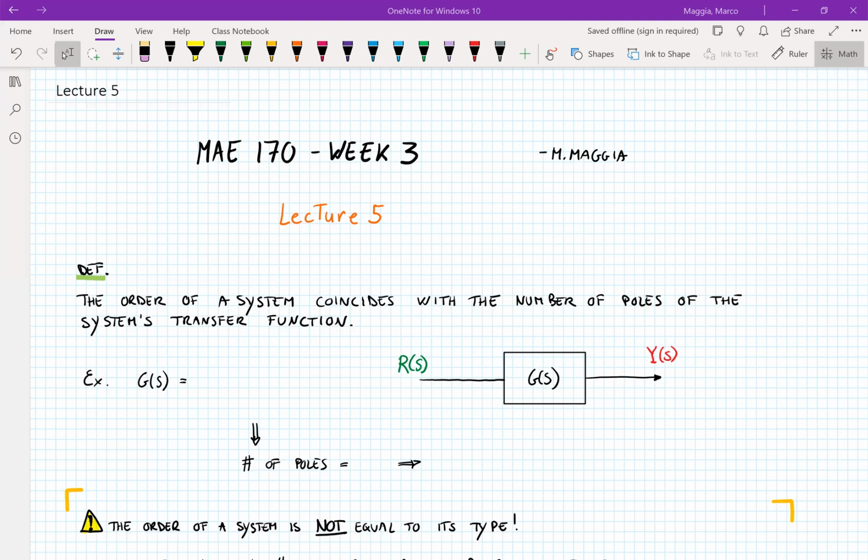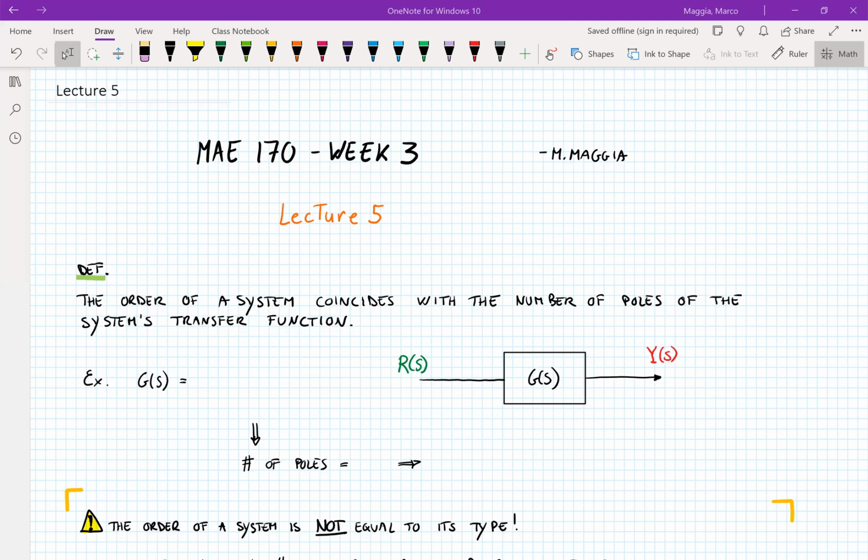But if you have poles on the imaginary axis or on the right hand side of the complex plane, then the final value theorem cannot be applied anymore because the function does not have a final value. It might be oscillating forever like a harmonic function, or it might go to infinity as time goes to infinity. So always check the poles of the function whose final value you want to compute.